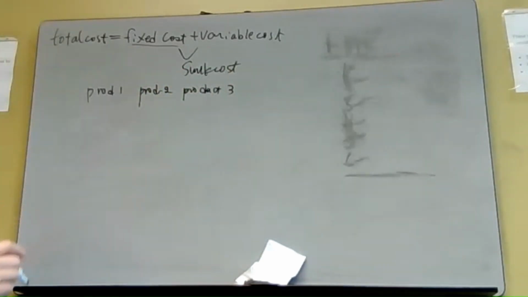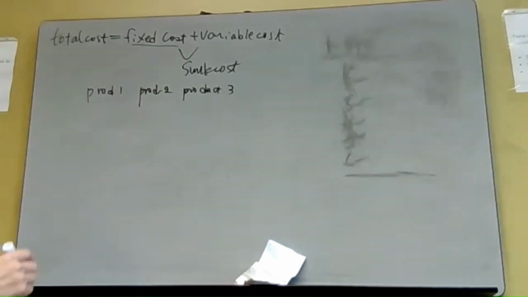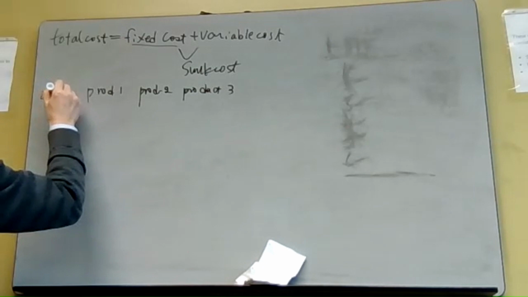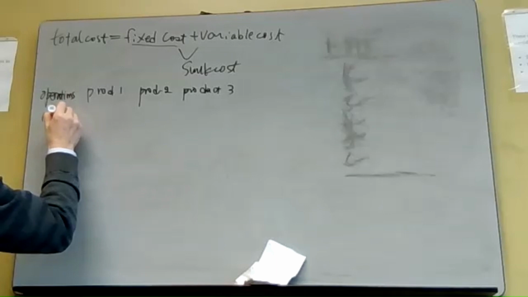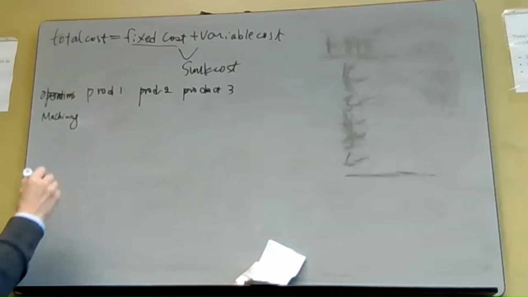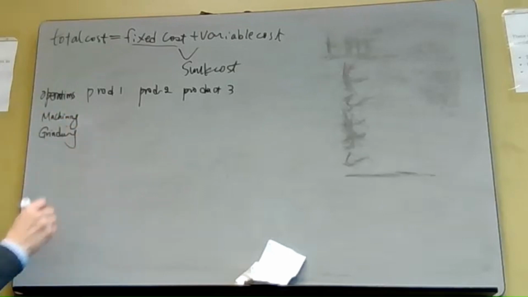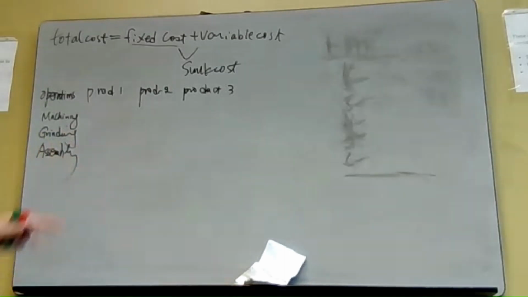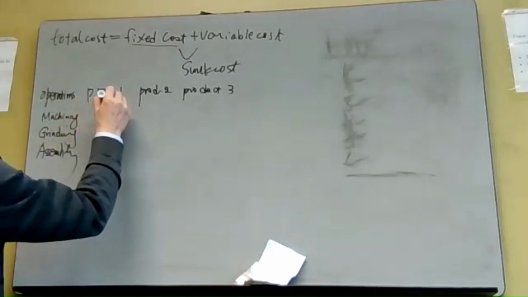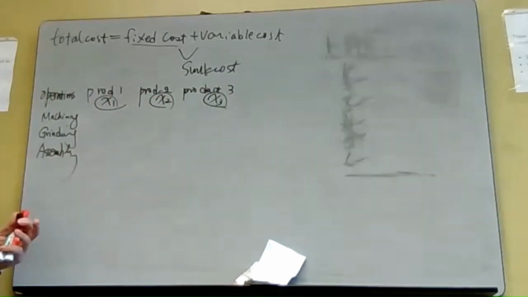To produce these products, we need 3 different types of operations: machining operation, grinding operation, and assembly operation. So the amounts to produce product 1, 2, 3, let's say X1, X2, X3. These will be our decision variables.